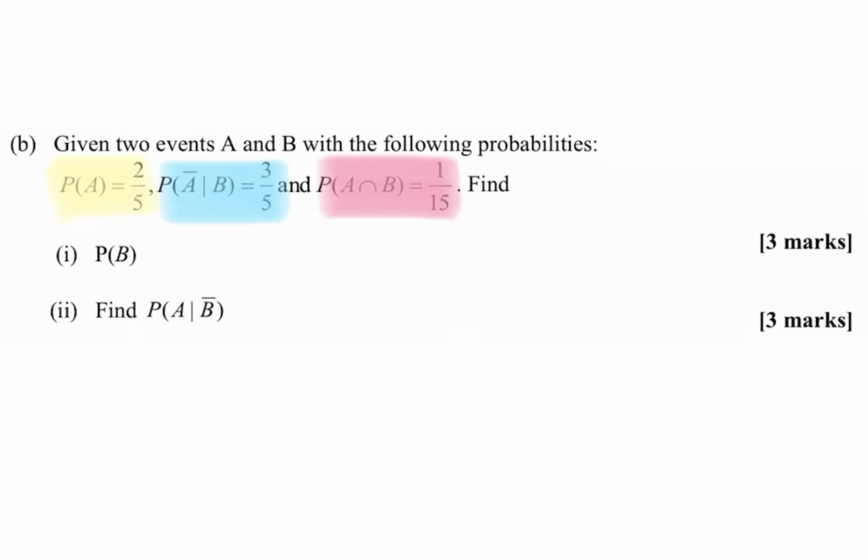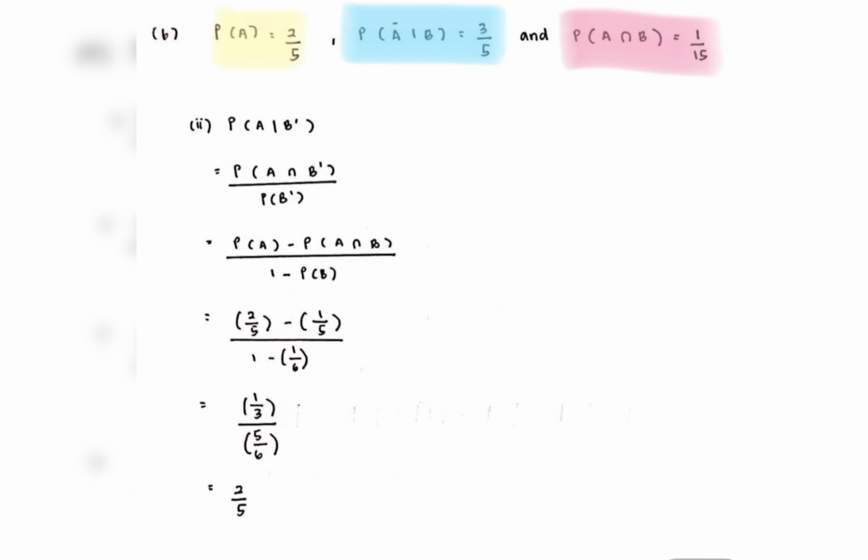Next, question number 4B Roman 2. Find the probability of A given B'. The probability of A given B' is equal to the probability of A minus the probability of A intersect B, over 1 minus the probability of B. So we can substitute the probability of A equal to 2 over 5 and the probability of A intersect B equal to 1 over 15.